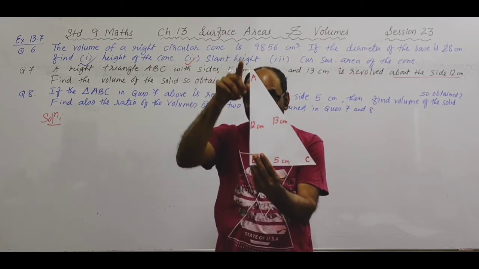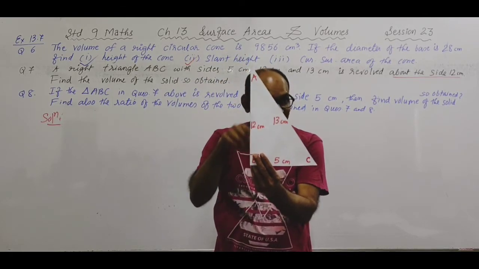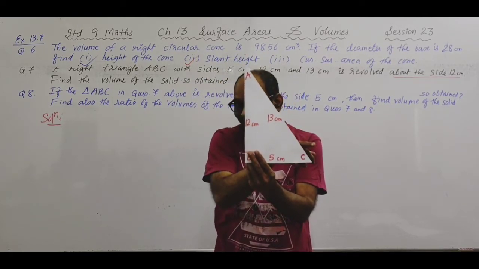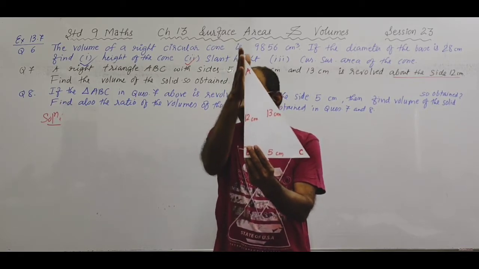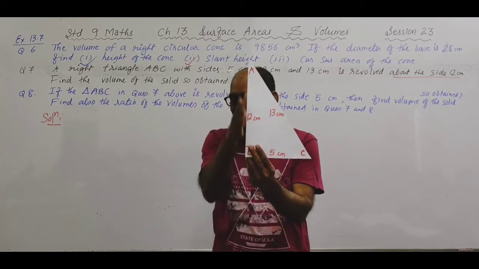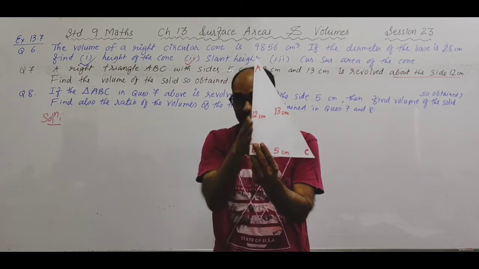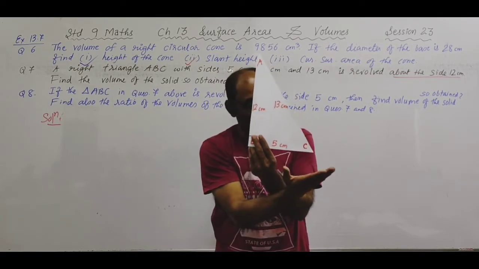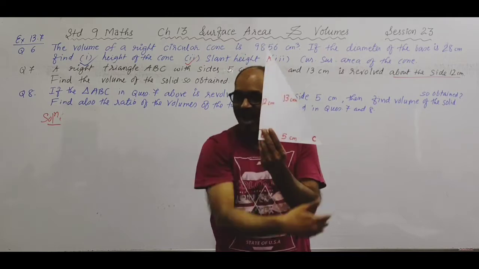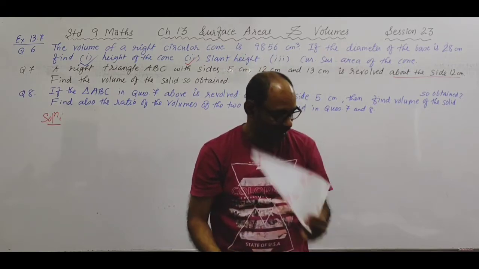Okay, what is the height of that cone? What is the slant height of that cone? And what is the radius of that cone? If you are revolving around the side of length 12, that 12 is the height. The base is the radius, and the hypotenuse is the slant height.